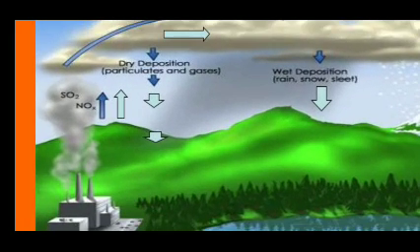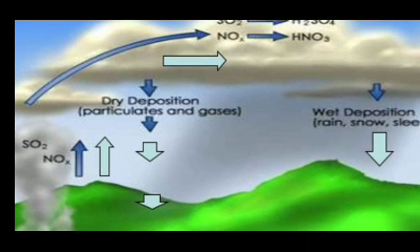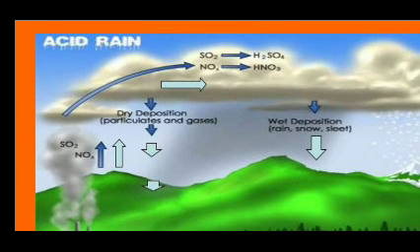How are oxides of sulfur dioxide, sulfur trioxide, nitrous oxide, nitrogen trioxide and nitrogen pentoxide formed? They are mixed with dry deposition in the environment, as particulates and gases. These dry depositions combine with rainwater to form sulfuric acid, sulfurous acid, nitrous acid and nitric acid.